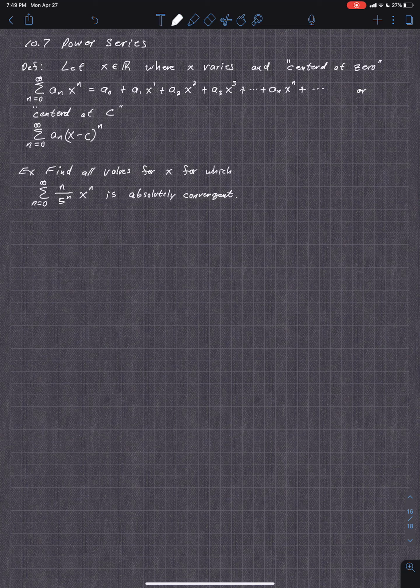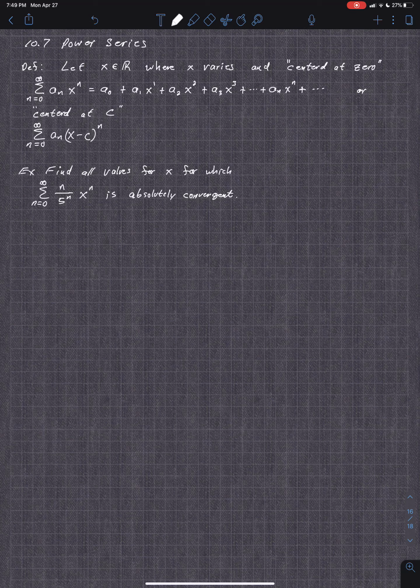All right, so let's take a look at an example. Find all values of x for which the series is absolutely convergent. And for that statement, you really don't want x to be alternating. That can get really weird and messy. So for now, we're just going to say absolutely convergent and see what happens. So there's a few ways to do it, and this is where you have to sometimes just try stuff.